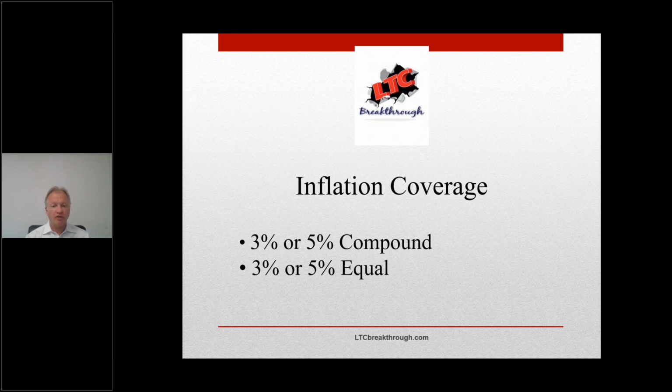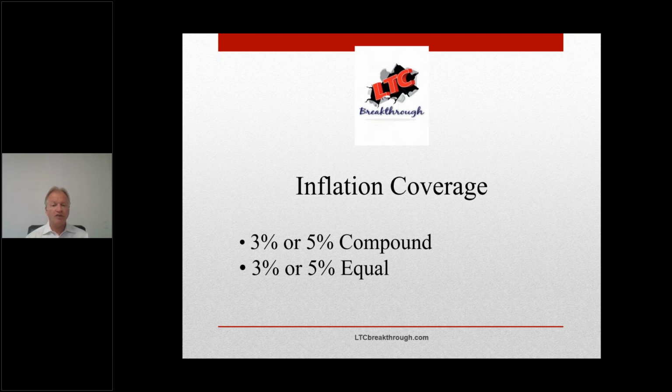Now, 3% and 5% compound. 3% compound is the most popular right now. The costs of care are generally growing at about that rate. So 3% compound should keep you up with the actual cost of care growing in our country. Most people don't purchase 5% compound anymore because it is very expensive.